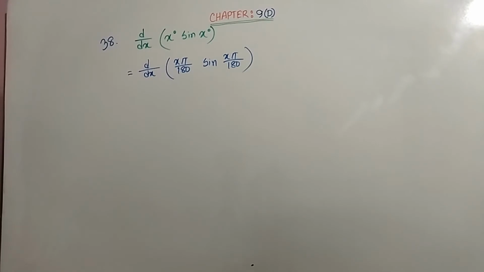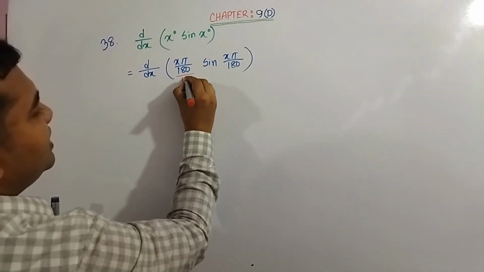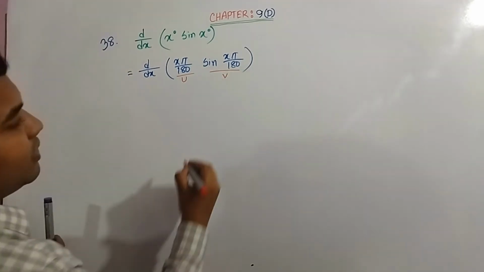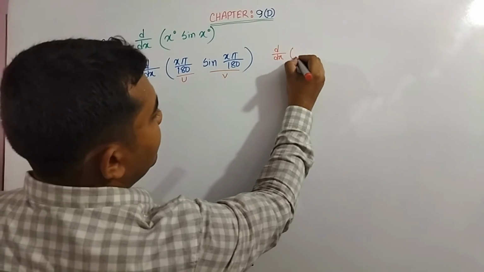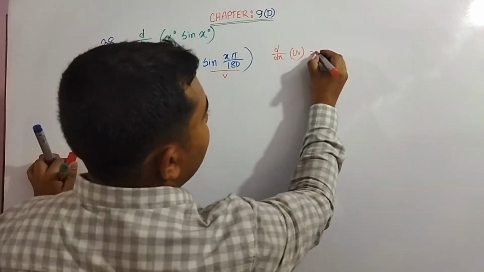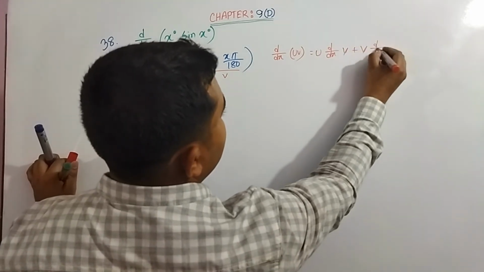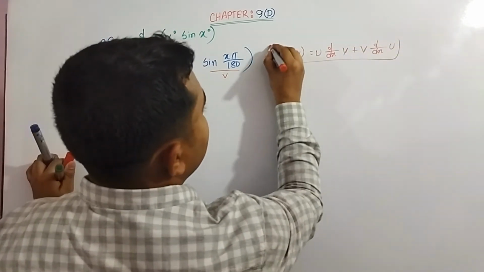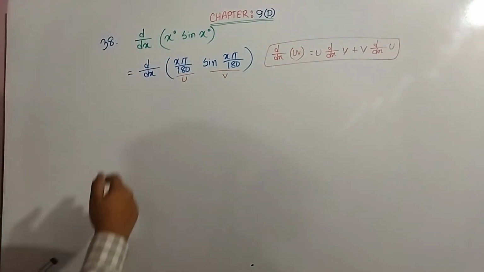Now since these two are x related parts, we'll think that this is our u and that is our v. What's the formula for d/dx of uv? You know? Very good. u d/dx of v plus v d/dx of u, isn't it? That's our formula.